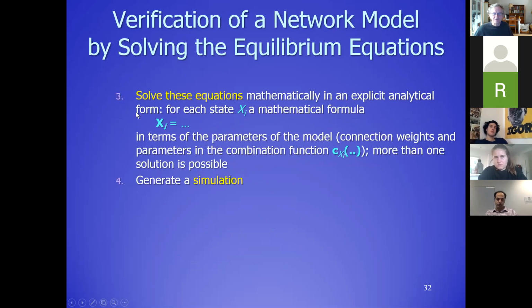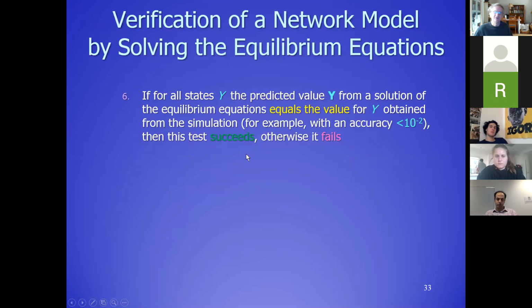So then you already have a prediction of what the outcome should be, and then after that you can generate a simulation, and then check the equilibrium values in the simulation, and then compare them, and then again, if there is a difference that is too big, then it fails, otherwise you succeed.